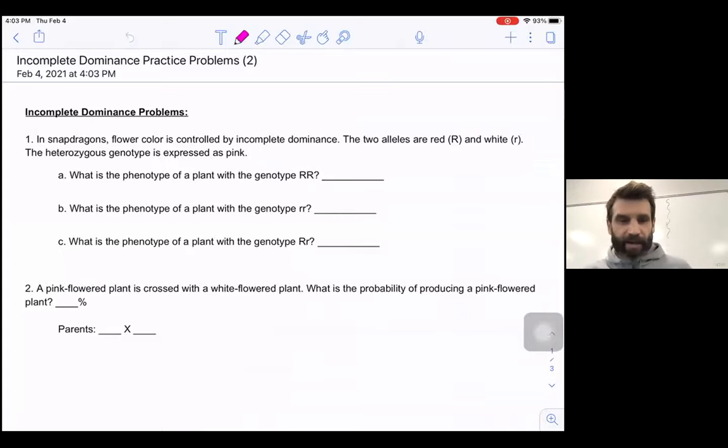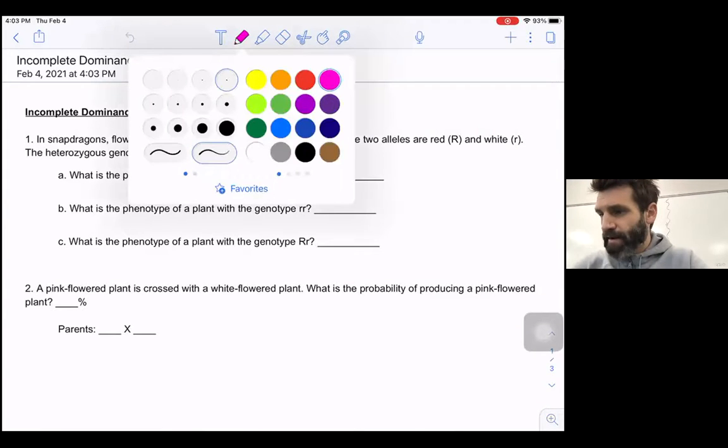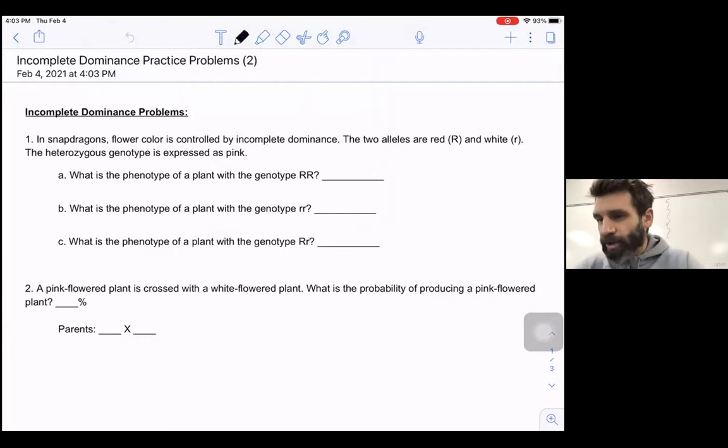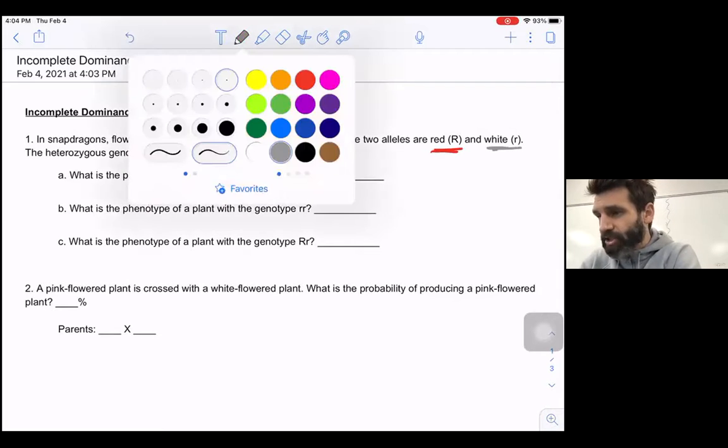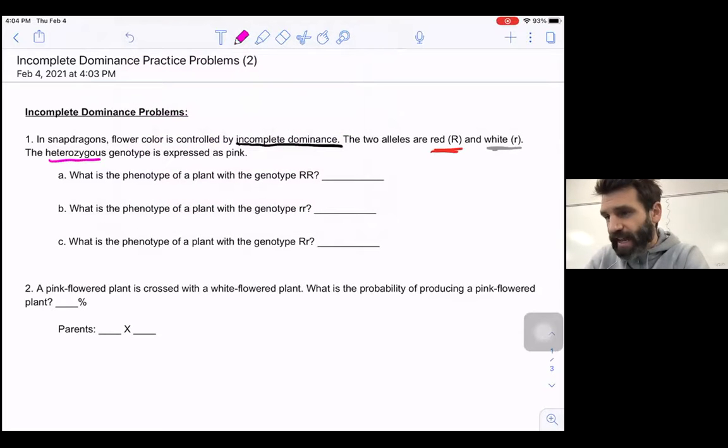incomplete dominance. Okay, so here it says, I'll get my pen back at black. In snapdragons, flower color is controlled by incomplete dominance. All right, the problem's telling us the 2 alleles are red and white. And the heterozygous genotype is pink.